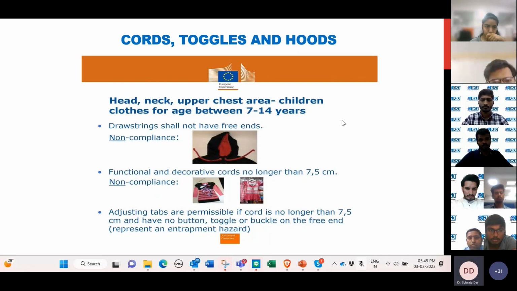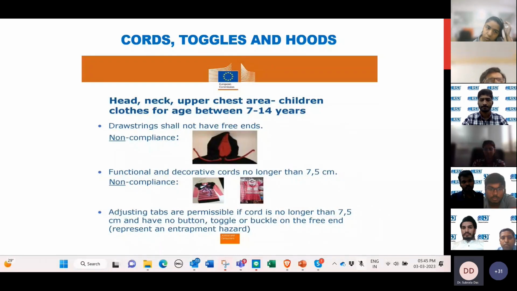Similarly, functional and decorative cords should not be longer than 7.5 centimeters. So these are the regulations associated with that. If it exceeds that, then it is non-compliant material. So the design part of the garment, the fabrication of a particular garment, is very important.